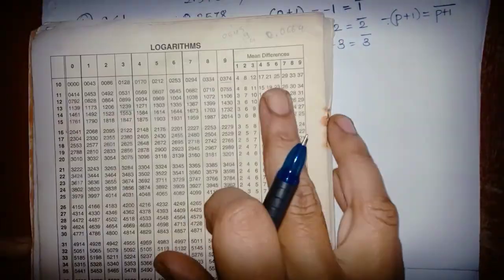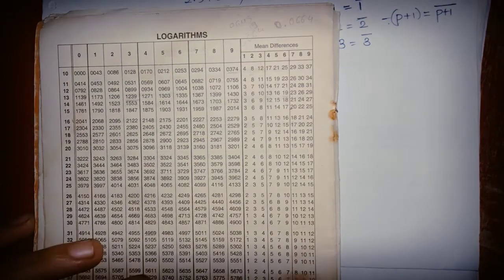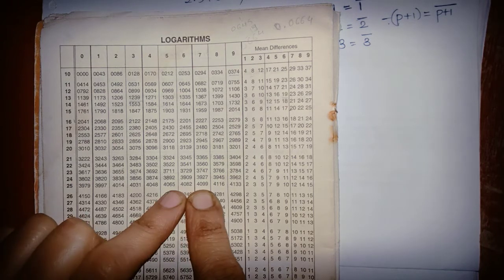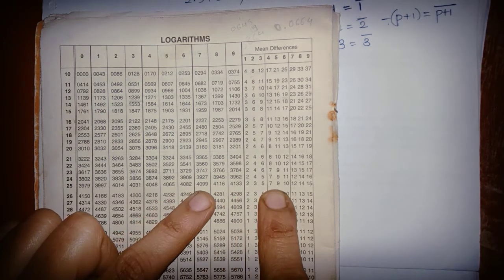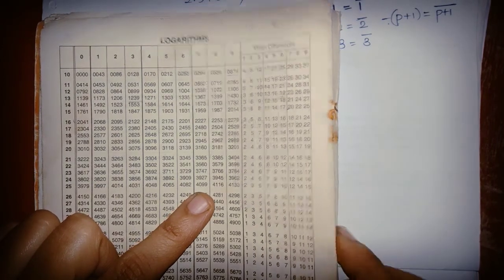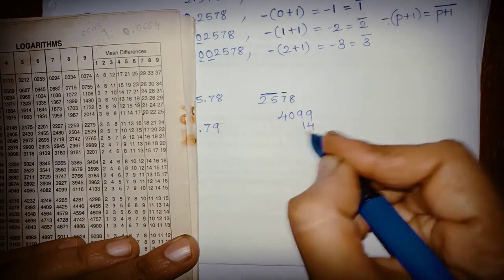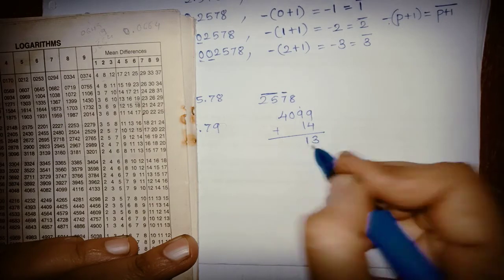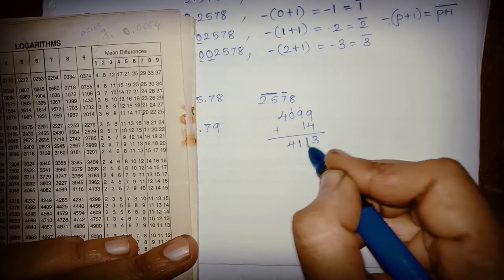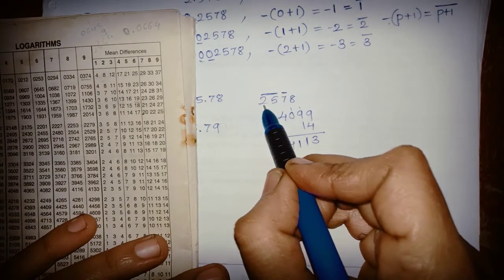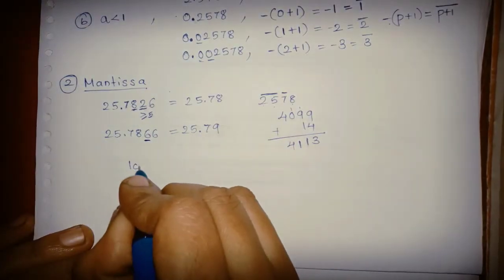Then you have to look at the mean difference table. So 25 under 7 is 4099, and then for mean difference in 8, that is 14. So you have to add this 14 to this, so this becomes 4113.